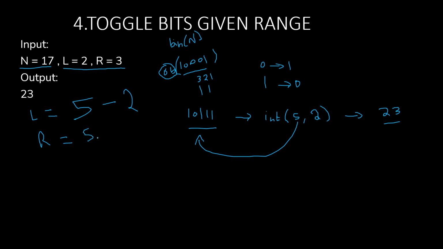Now what is the use of subtracting from the total length? The use is we get the position value from the left side instead of the right side as mentioned in the question. Now L will become 3 here and R will become 2 here. These are the index values from the left side itself. So we don't have to worry about coming from the reverse side of the array.